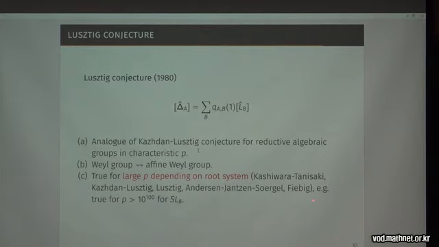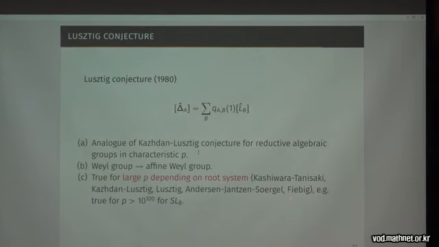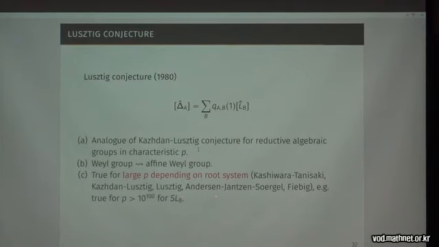And an enormous amount of work in the 1990s showed that this is true for large p depending on the root system. So up until Fiebig, we had no idea when it's true. We know for SL8, at some point, for large p, it starts being true, but nobody can tell you which p.